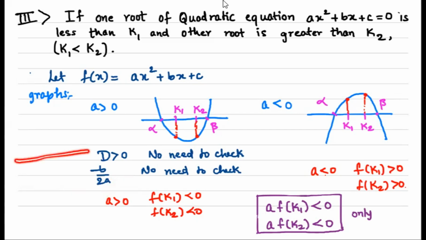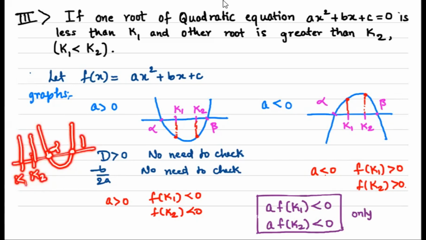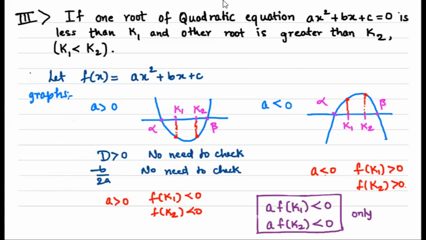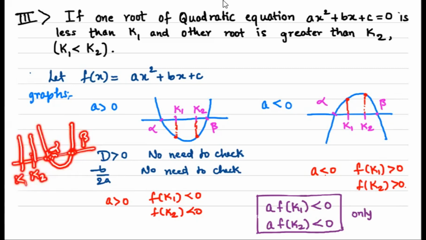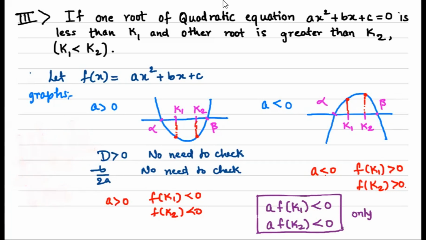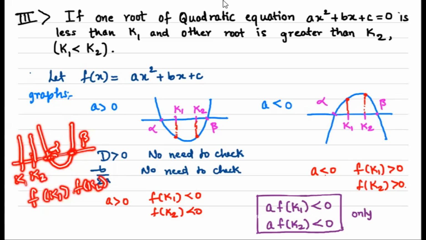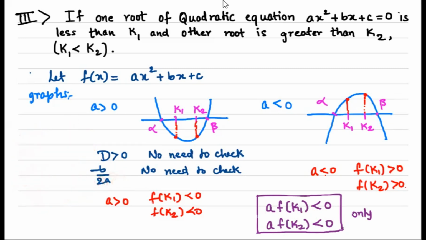So if you consider this graph where you have k1 here and k2 here, although f of k1 and f of k2 were positive, what we see here is the roots are no longer satisfying the condition of one being smaller and one being bigger. Both alpha and beta are actually greater than k1 and k2, but here the condition f of k1 times f of k2 greater than 0 is satisfied. So we cannot take that case.